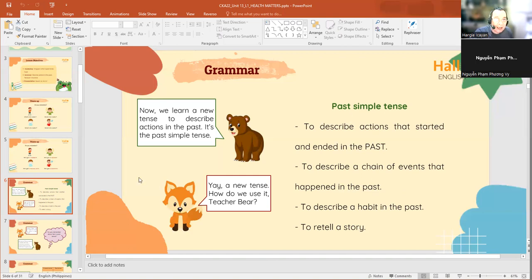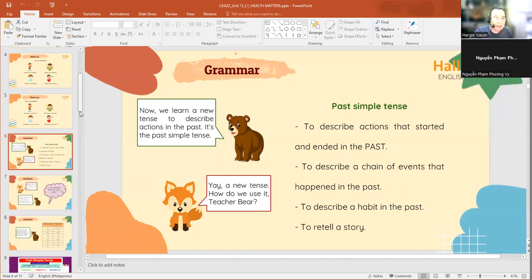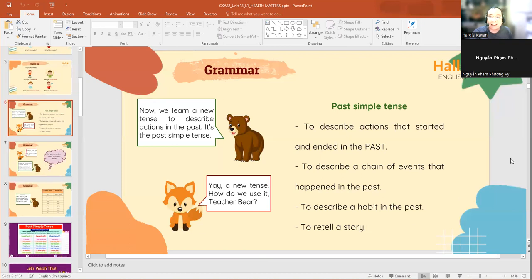I hope you can still remember that last time we watched a video all about that. Let's say the verb is dance. All we need to do is add only D at the end, because the word dance ends in E. So we just add D to form the past simple tense of it, right?